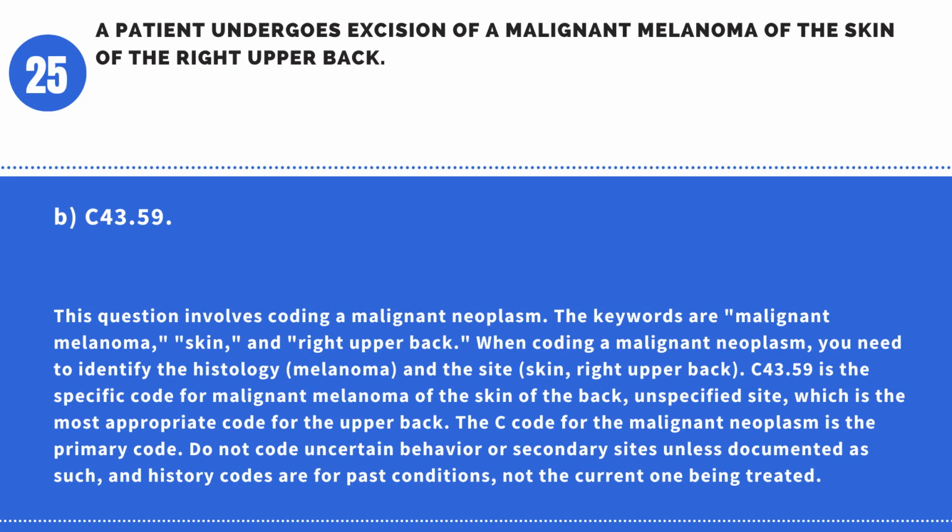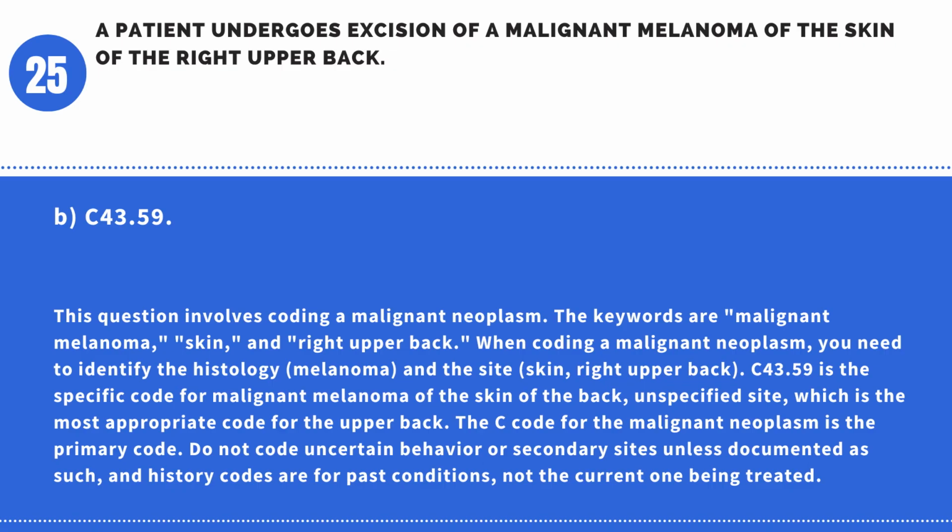Answer: B. C43.59. This question involves coding a malignant neoplasm. The keywords are malignant melanoma, skin, and right upper back. When coding a malignant neoplasm, you need to identify the histology, melanoma, and the site, skin, right upper back.